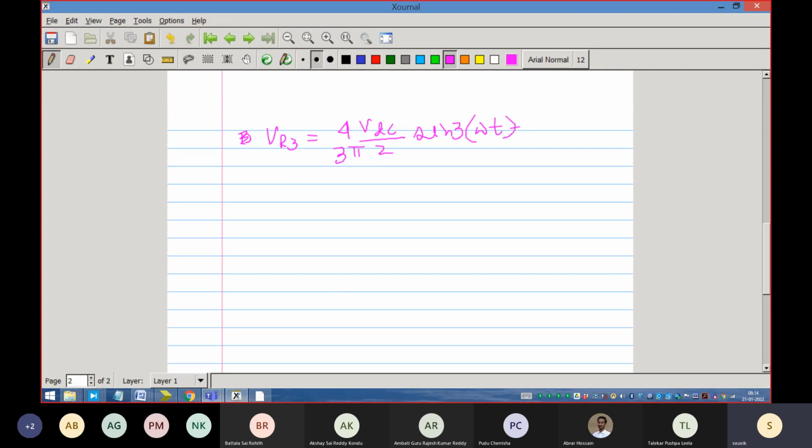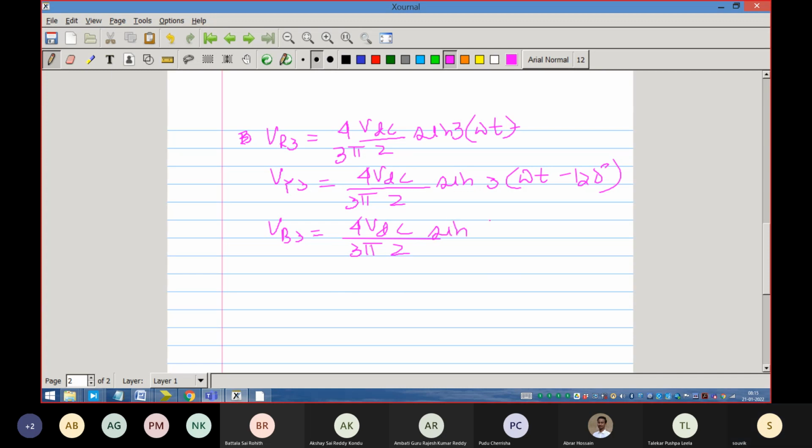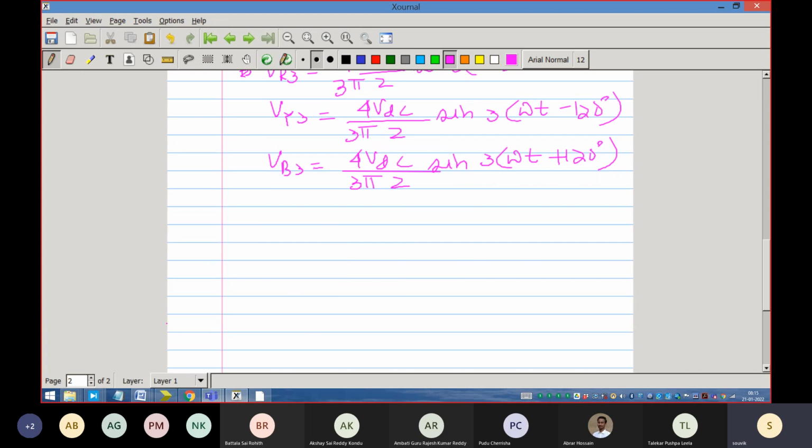Then Vy3 is equal to 4 VDC by 2 by 3 pi into sine of 3 omega t minus 120 degrees. Vb3 is equal to 4 VDC by 2 by 3 pi into sine of 3 omega t plus 120 degrees. So there is a third harmonic component.